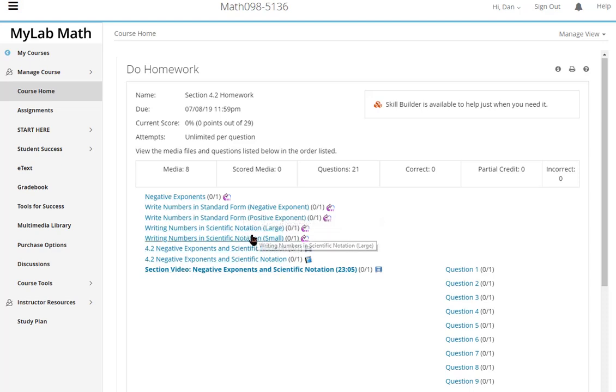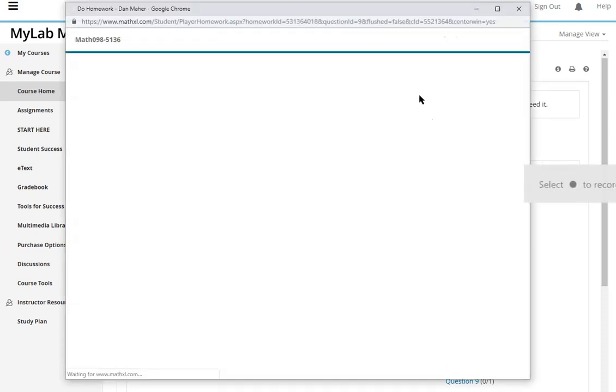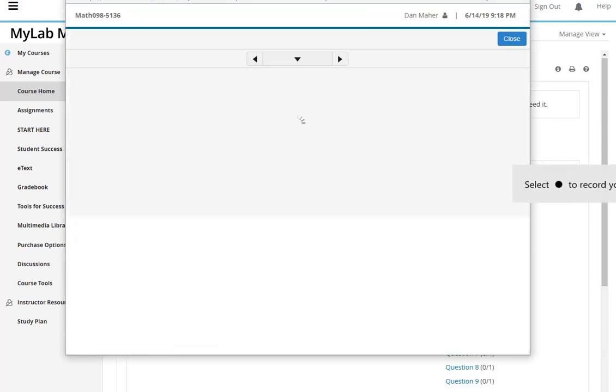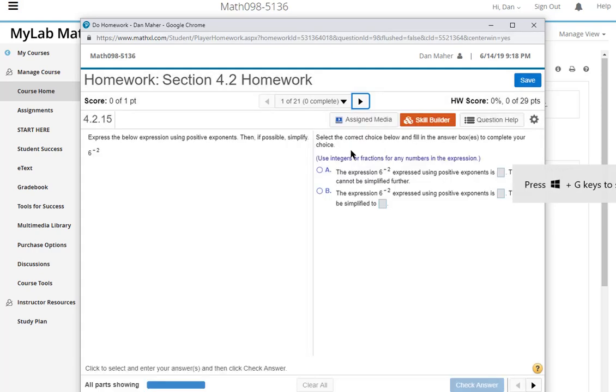Some of it's interactive so you can work with it, and it'll really focus in on what properties and rules and the actual language of algebra that you need to understand before you start the questions. And then also when you start the questions, there's resources there.